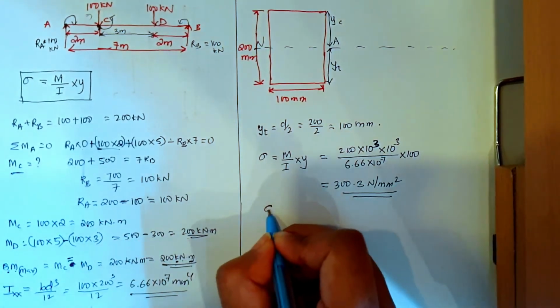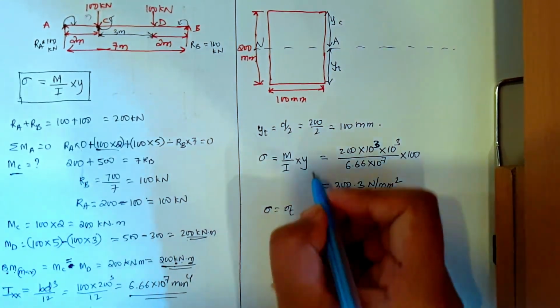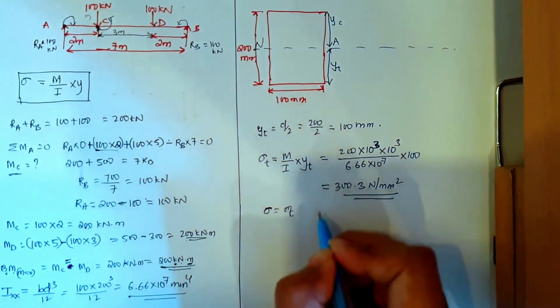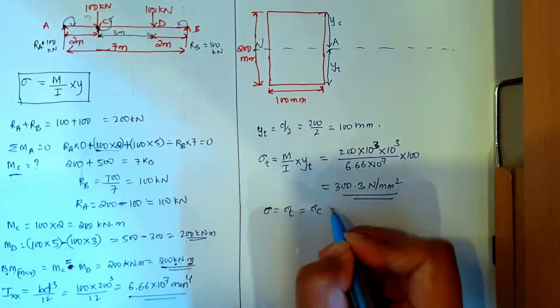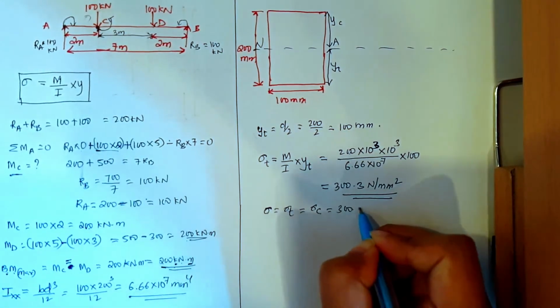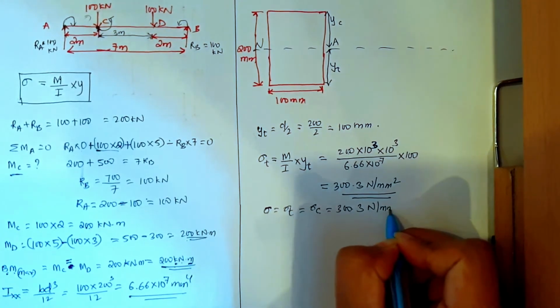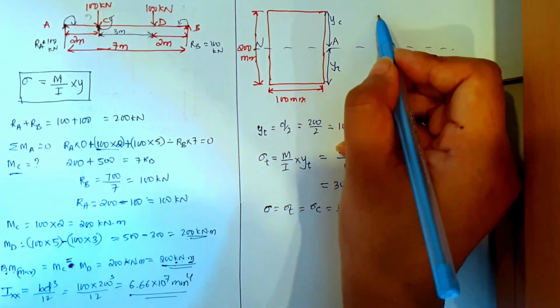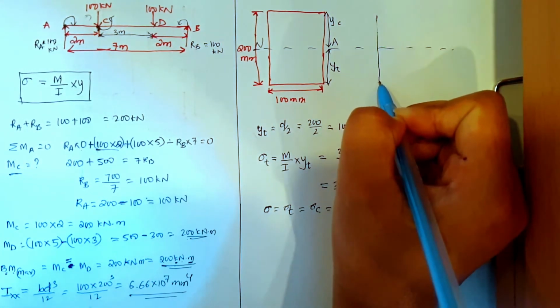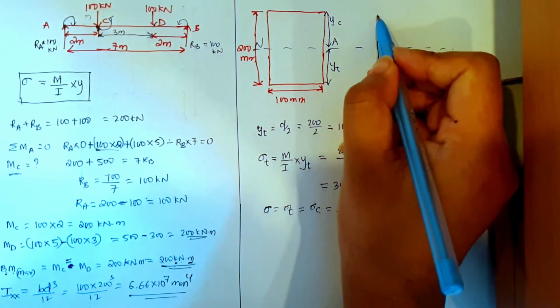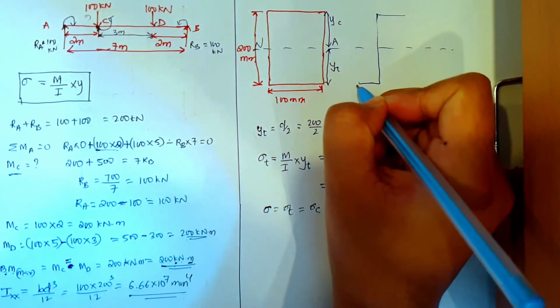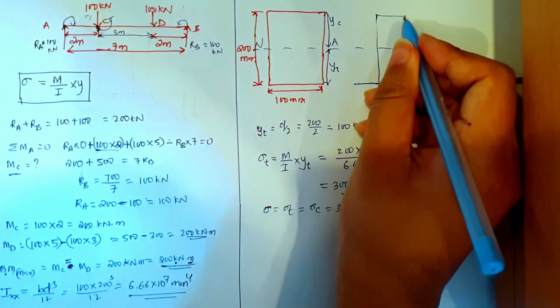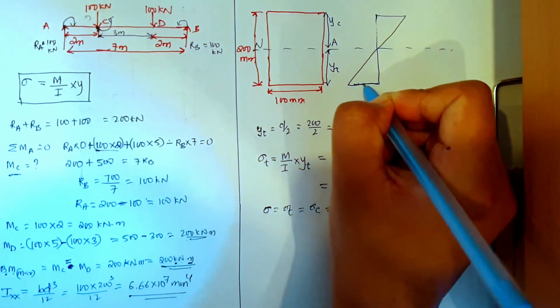So this sigma here is equal to sigma t, since I took yt, right, which is equal to sigma c, equal to 300.3 Newton per mm square. Now if we draw the bending stress distribution diagram, it will come like this.